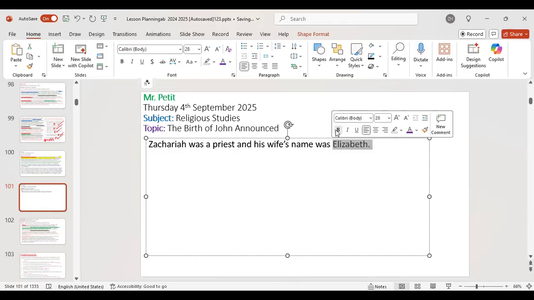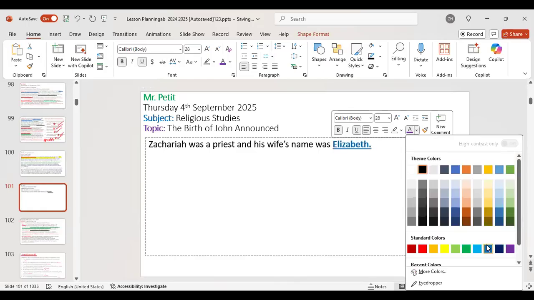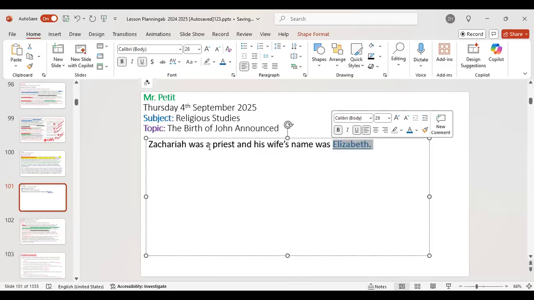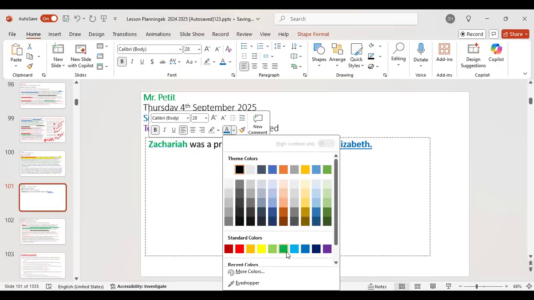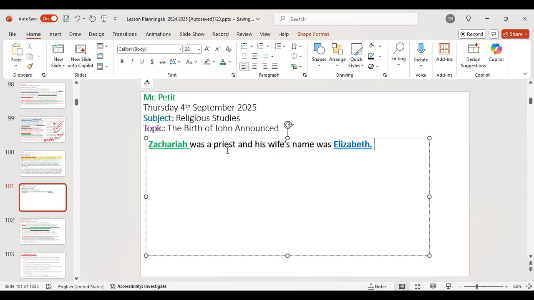So keywords, Elizabeth and Zachariah, and priests.